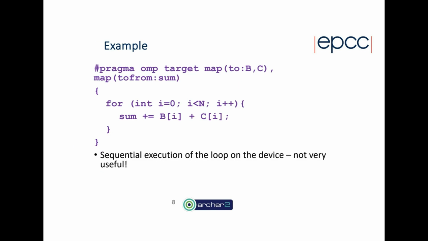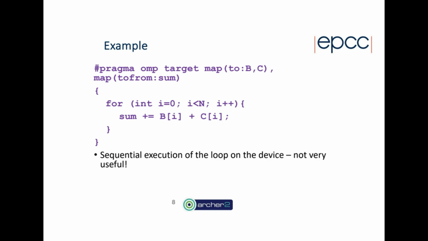Okay. So start with a simple example. Suppose we have a loop like this, just forming the dot product of two arrays. Then we could specify that what we want to do here is offload this code to the device.